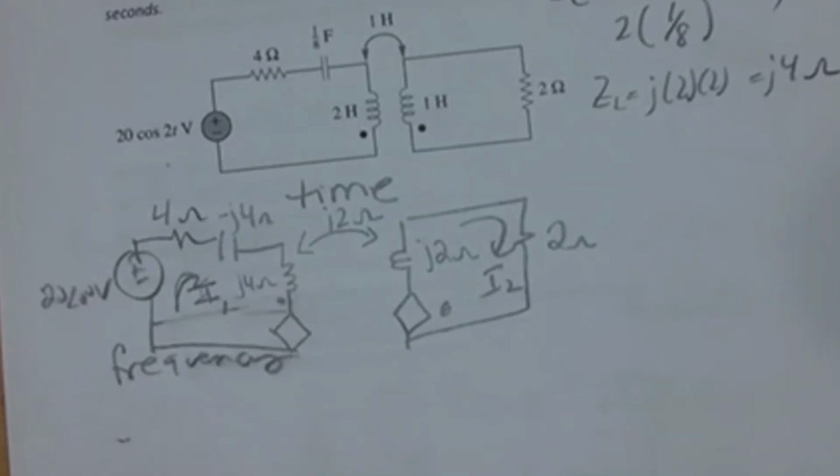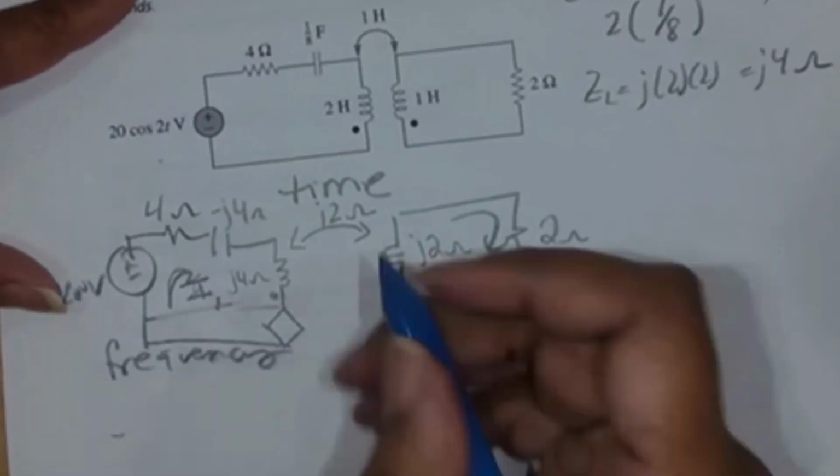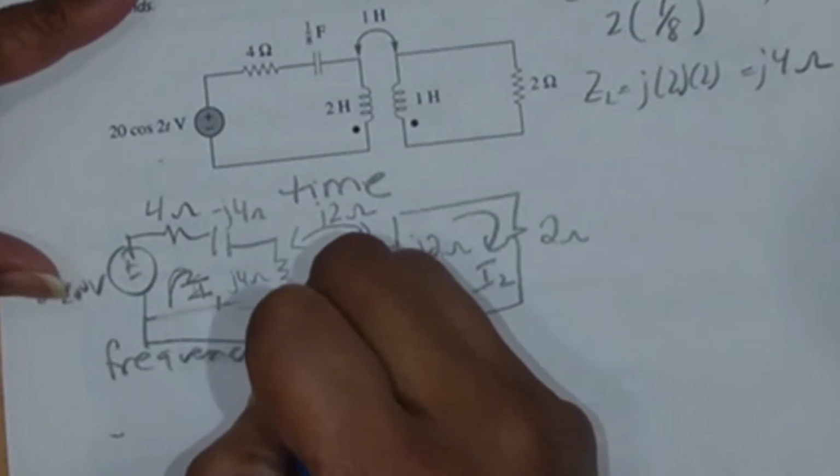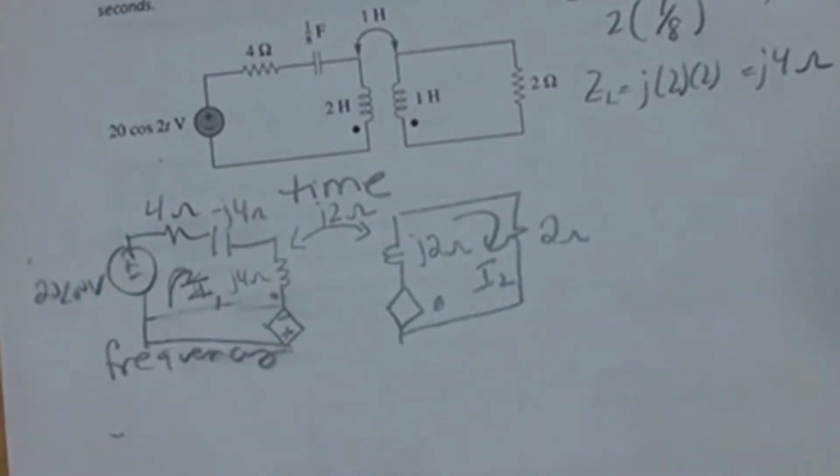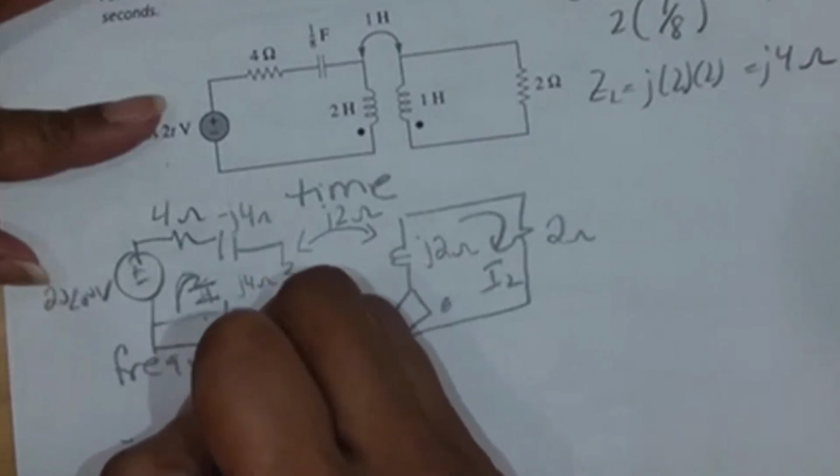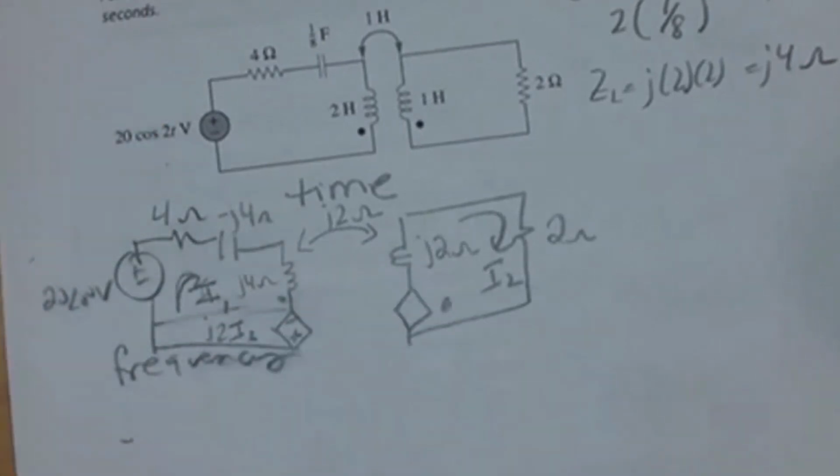So for I2, the current goes in at the dot. So that means the voltage is positive at the bottom and negative on top for the left side. And this is J2I2, the induced voltage.